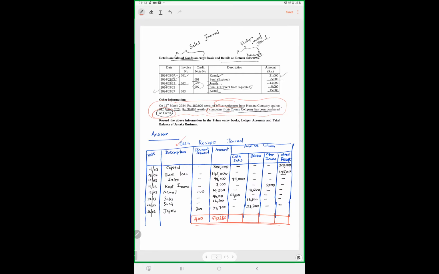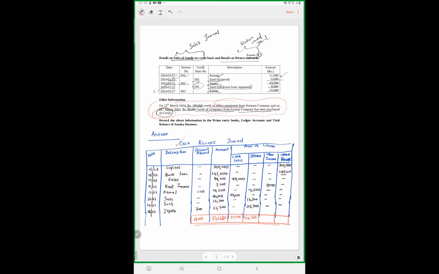It means 592,600. As cash sales, we are having 90,100. On returns, we are receiving 14,500 plus 16,300 plus 23,700, which is 54,700.